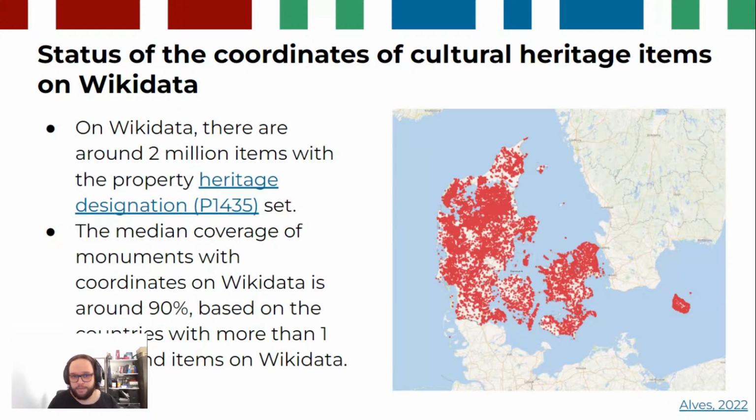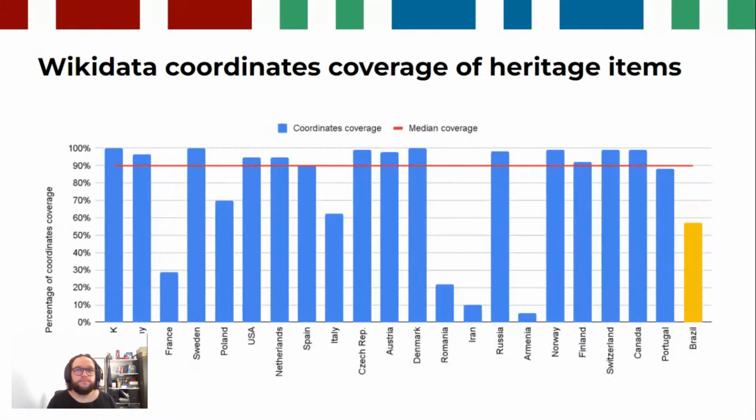The most covered country is Denmark, which has 99.98% of its monuments with coordinates. I think they have only 5 to 10 monuments that don't have these coordinates.